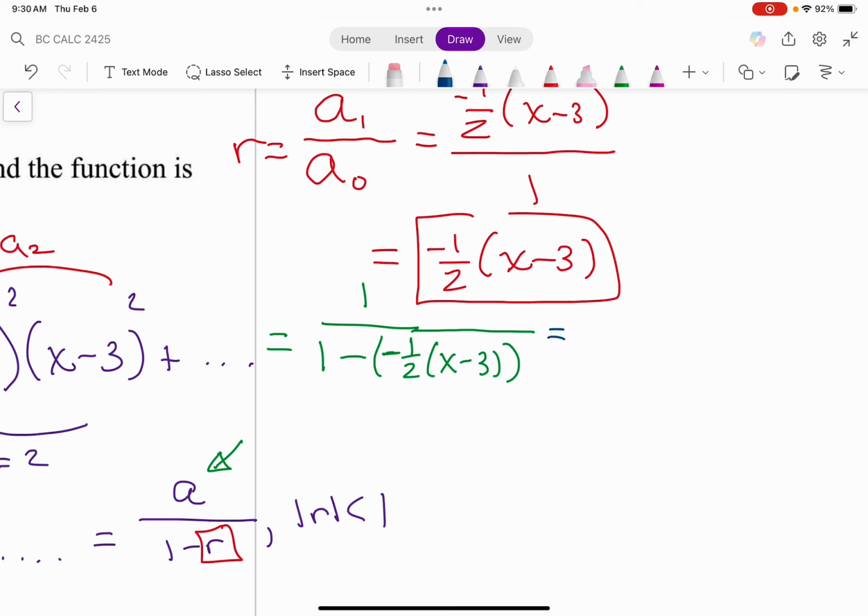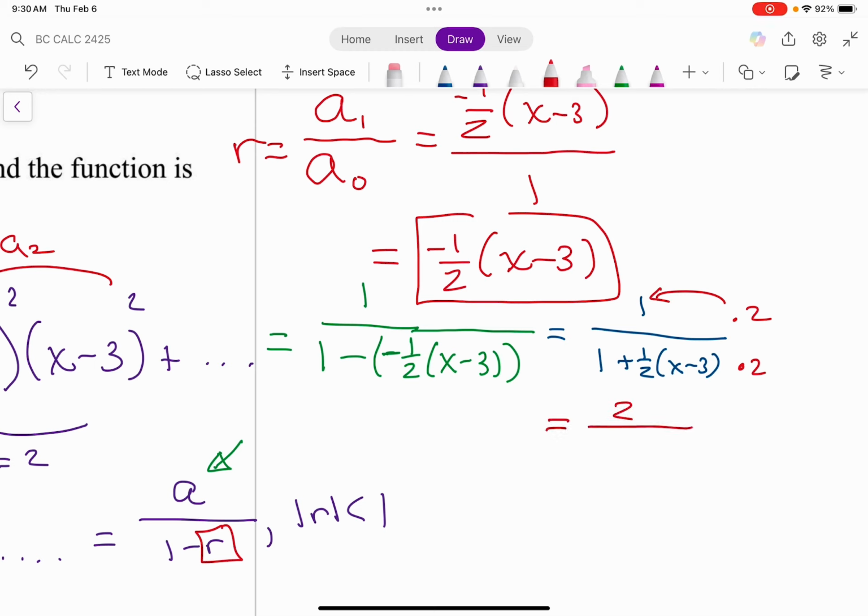So to really make it look better, you write it 1 plus 1/2 (x minus 3). And then it's a little awkward to keep; there are better ways of representing this. Not that any one is more correct than the other, but if you multiply by 2 on the top and the bottom, the top becomes a 2.